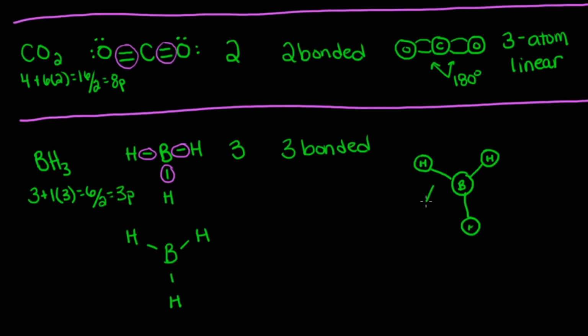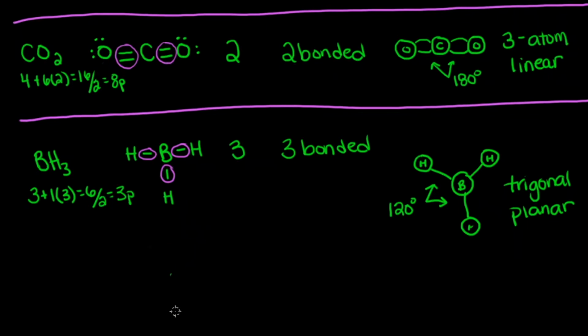The bond angle is the same on all sides, angles between the bonds. But I just wanted to give myself some more room to write the name. The name of this molecule is trigonal planar. Okay. And while you guys write that out, I'll squish this Lewis dot structure up a little bit more.